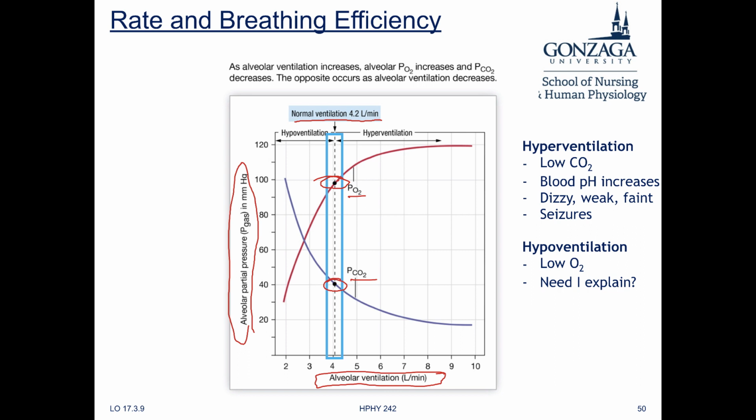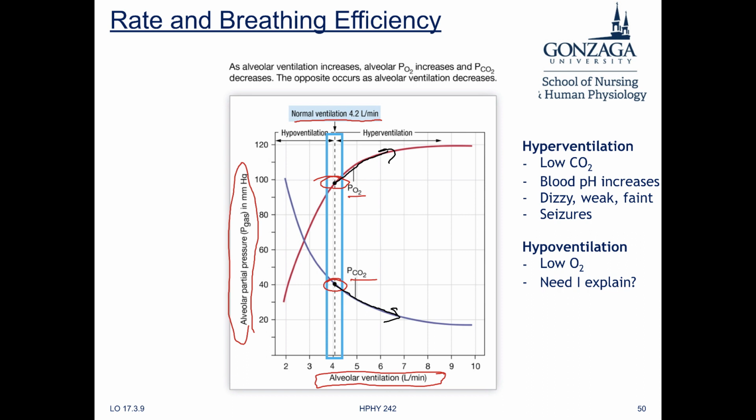But notice how these partial pressures of O2 and CO2 are connected when we increase or decrease our breathing rate. As we start to hyperventilate, increasing rate, we're increasing the partial pressure of oxygen and decreasing the partial pressure of CO2.